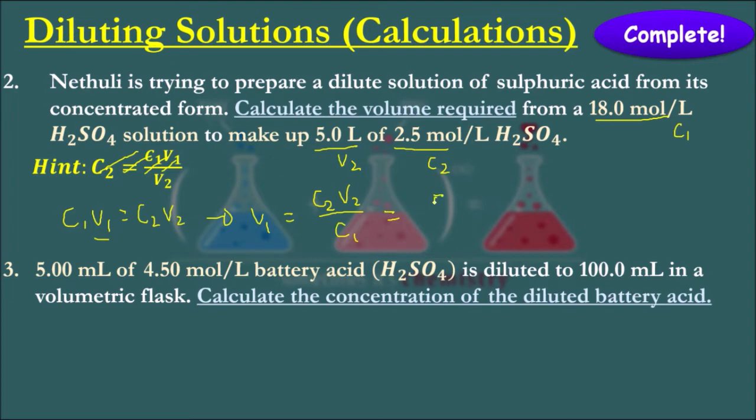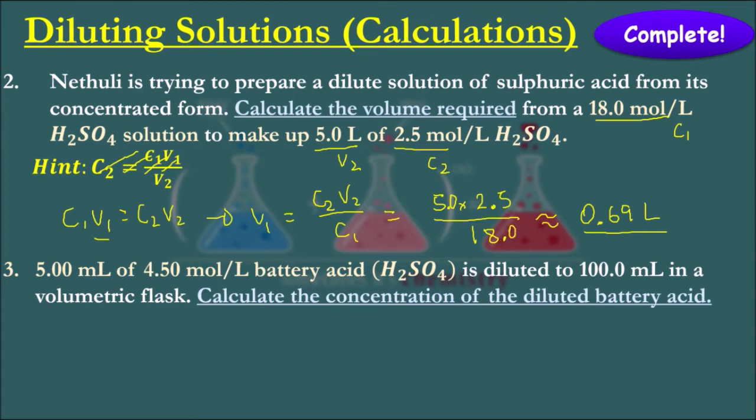So we find that it's 5 liters, and I don't have to do any conversion this time around because it is already in liters, times 2.5 over 18, and I get approximately 0.69 liters. Okay, I rounded off to 2 significant figures because, as you can see in my calculation, the smallest number of significant figures used is 2. So I rounded off to 2.